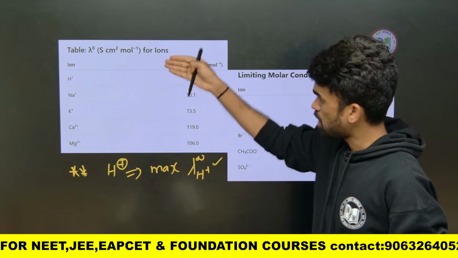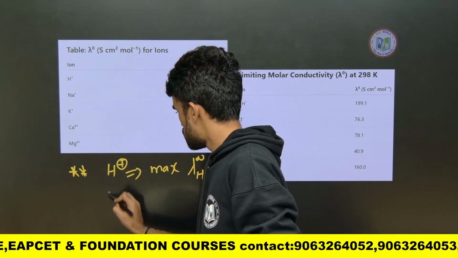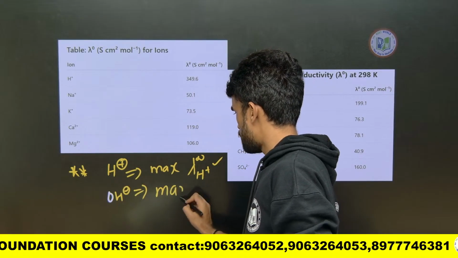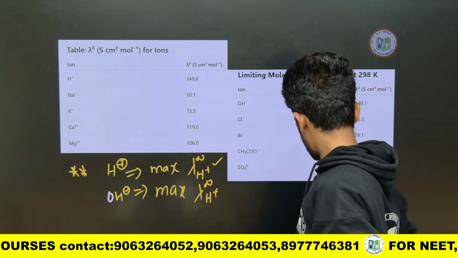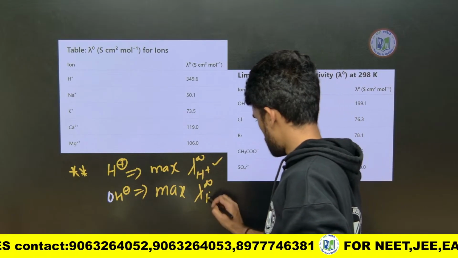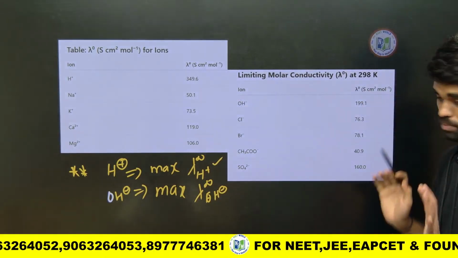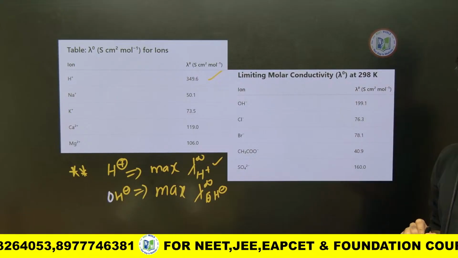H plus from all cations. From all anions, OH minus. So OH minus ion is the anion which is having max ionic conductance, limiting molar conductance at infinite dilution. You can understand, these are the 2 points you should remember. Okay, so remember this as 350, this as 200.